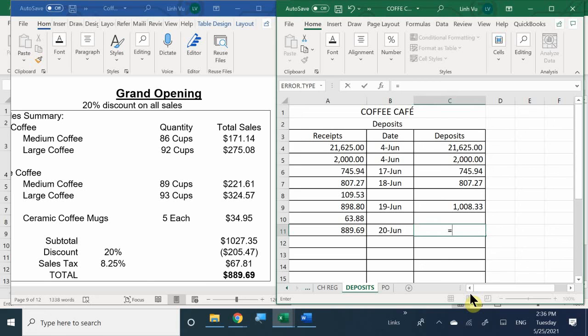Okay, this is the cash that we got from the sales, and then we also received a check from the corner bookstore. $953.57.